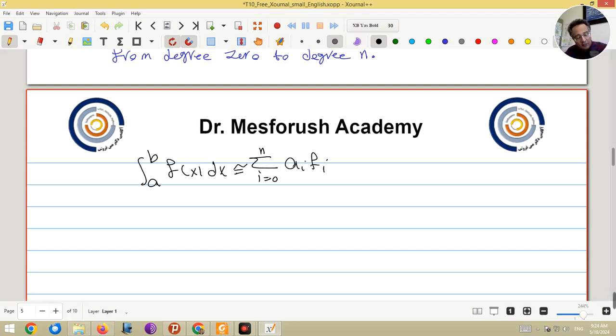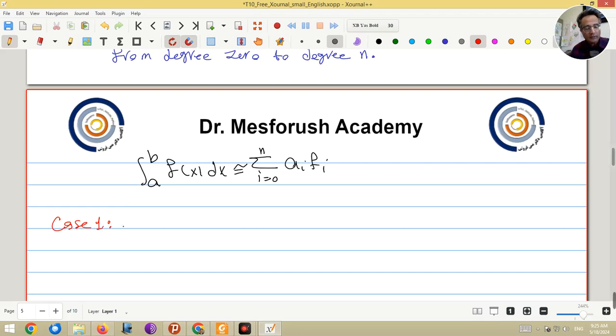If you put instead of f of x the function x, this formula should be accurate. And if you put, for example, x squared instead of f of x, this formula should be accurate, and so on.